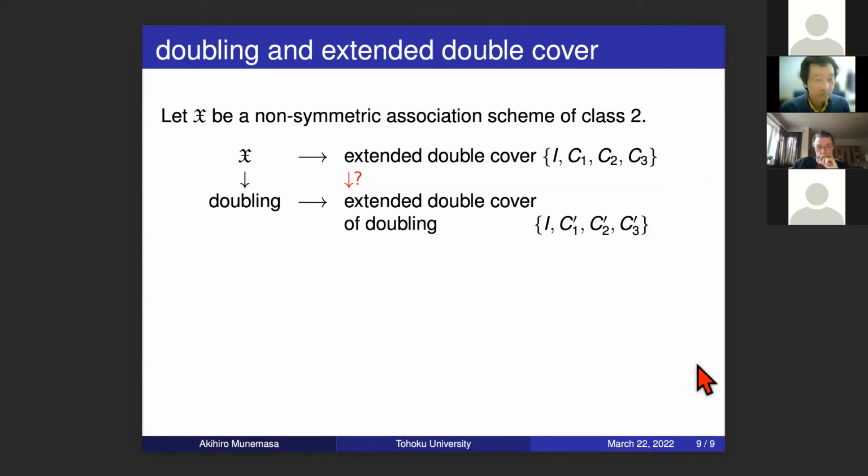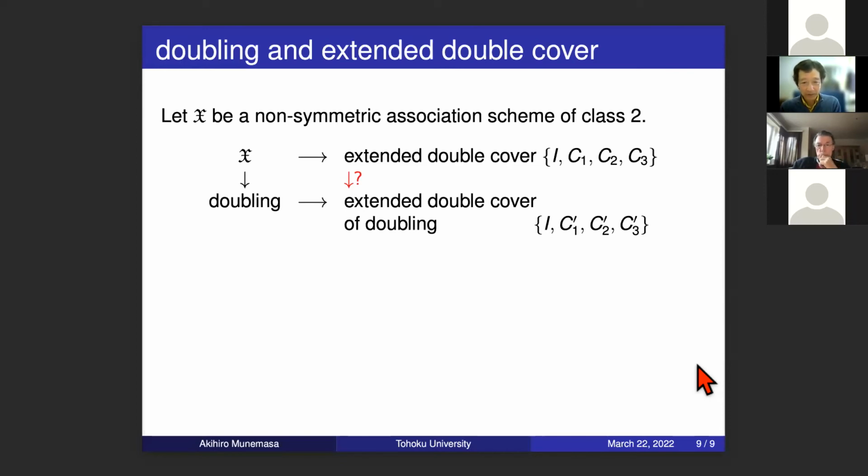Now, I have one more slide. What we have done is that we start with a non-symmetric association scheme of class 2 and call it X. Dima Pasechnik invented a construction called doubling, which almost doubled the number of vertices, the number of points, but still the resulting association scheme has class 2.